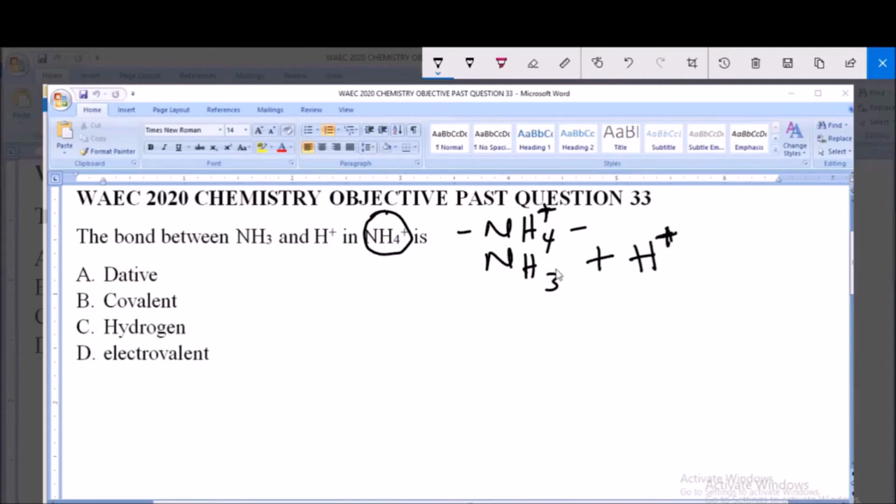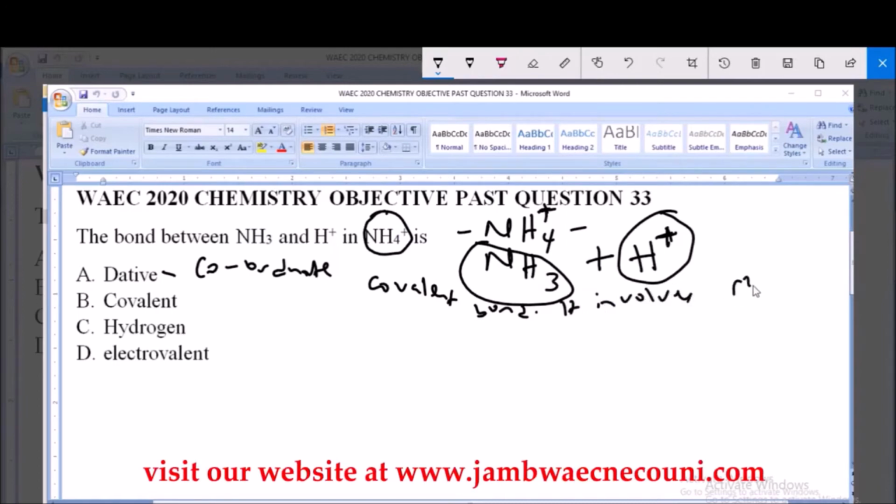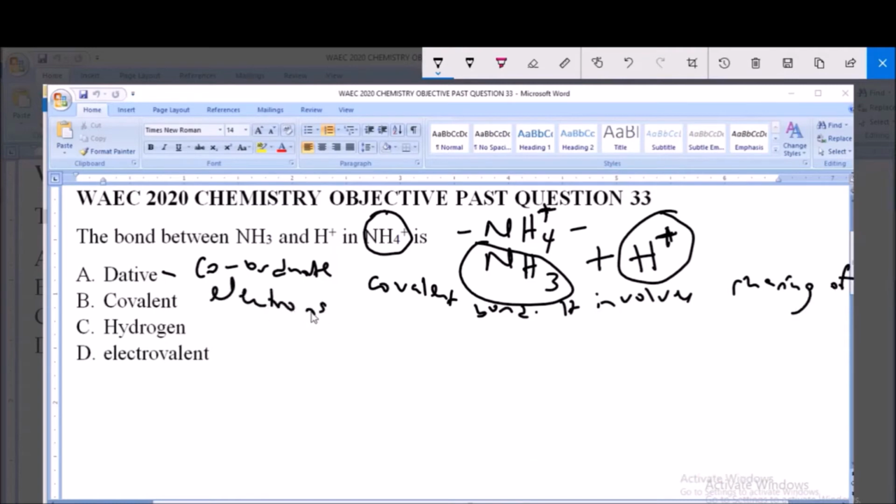So there's a form of bond that exists between this ammonia molecule and this hydrogen ion. So let's find out that bond by looking at each of the options and seeing which one best describes that. A dative bond is also known as a coordinate covalent bond, and it involves sharing of electrons, just like in the ordinary covalent bond.